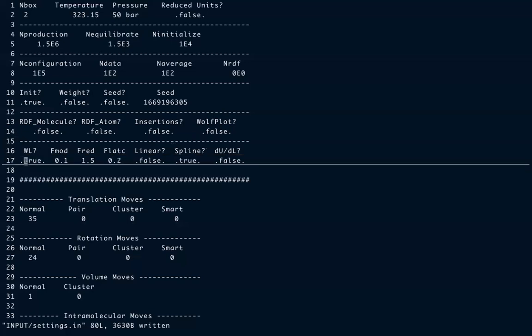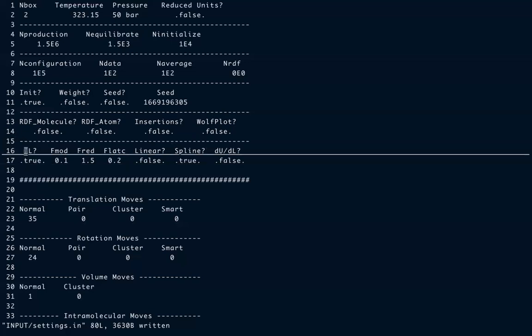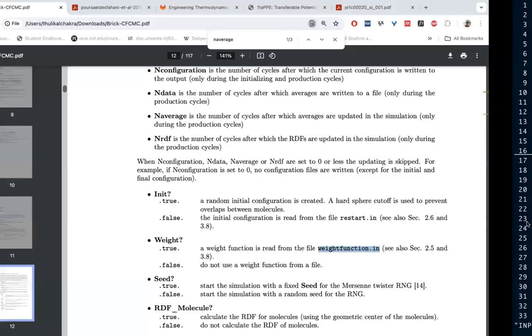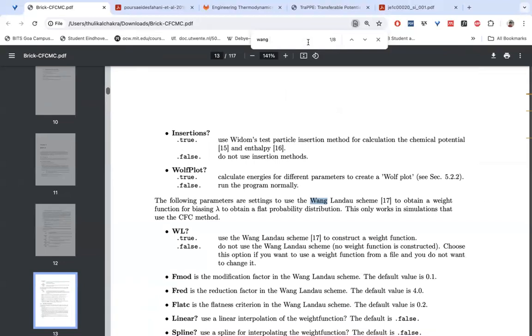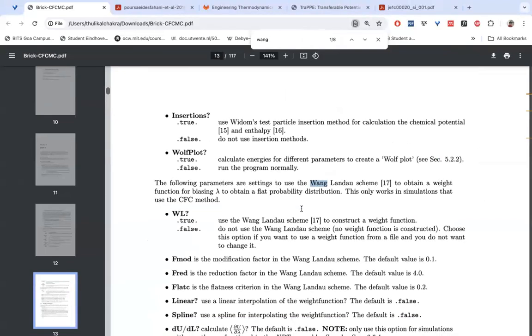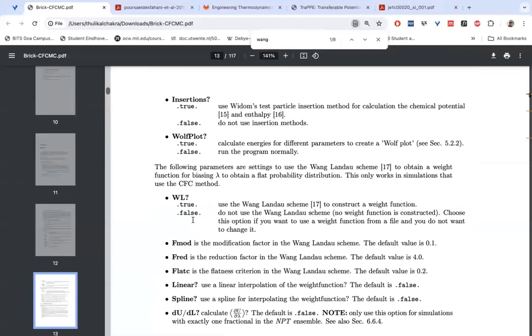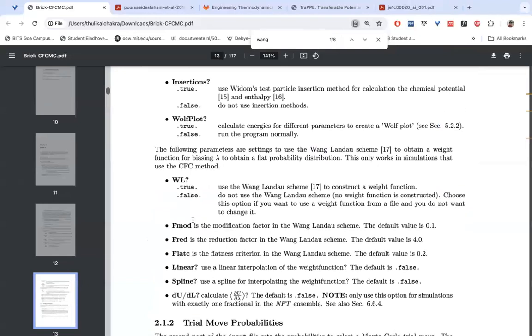Finally, in this, we use something called the Wang-Landau sampling, or the Wang-Landau scheme. And the Wang-Landau scheme is used to construct the weight function. And we say true here. If your weight function is already constructed, then do not use the Wang-Landau scheme to construct the weight function.